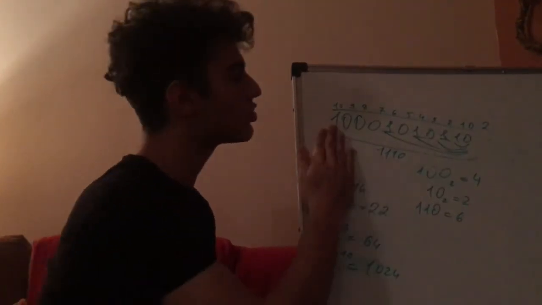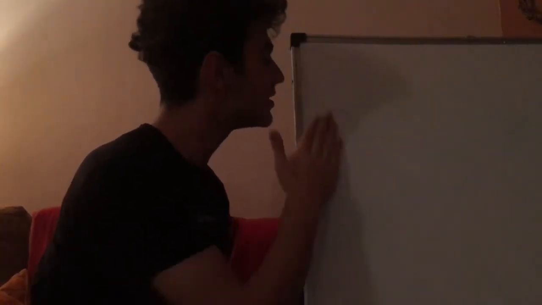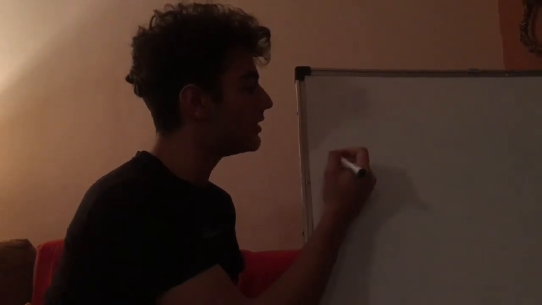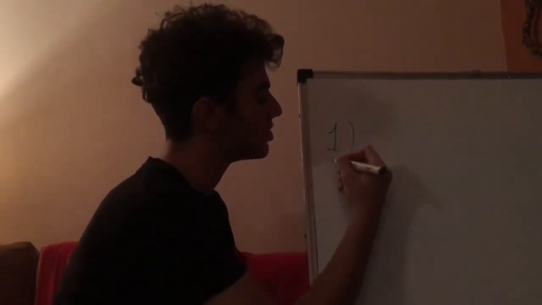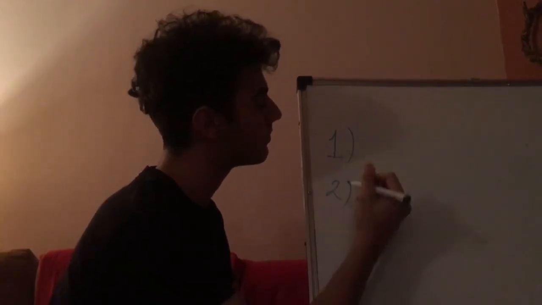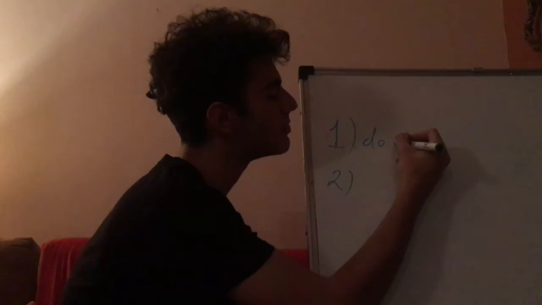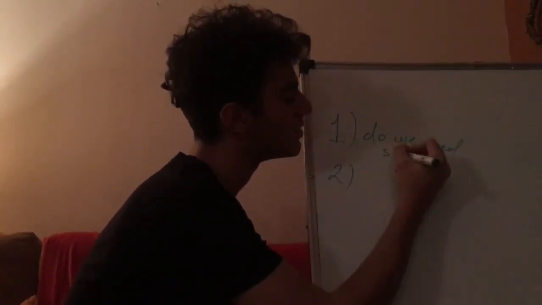Okay, so let's try concluding this. So what we have learned today is the fundamentals of the binary system. And I want to raise 2 important questions. First of them is, do we need systems in our lives?